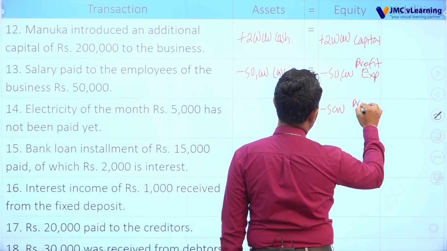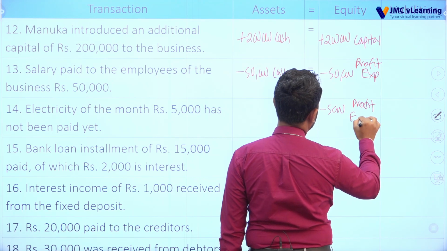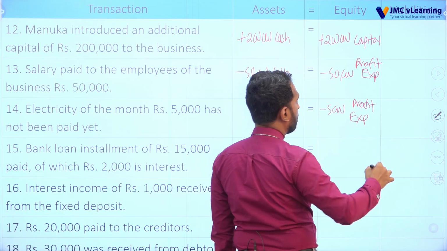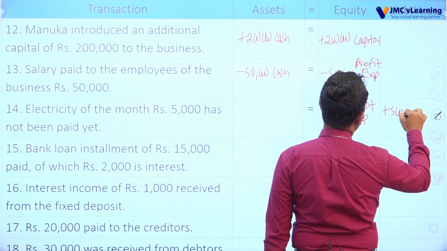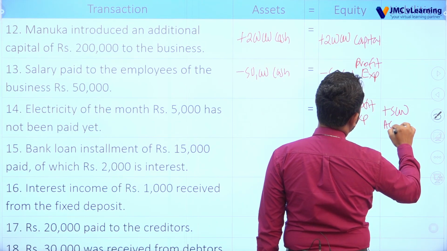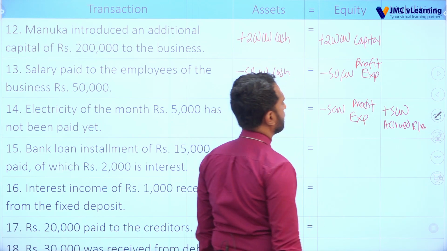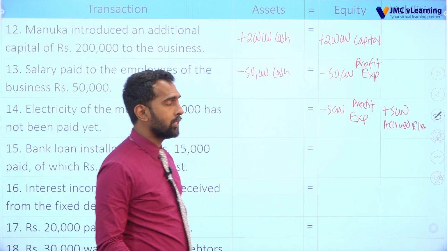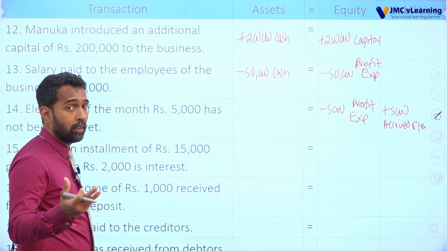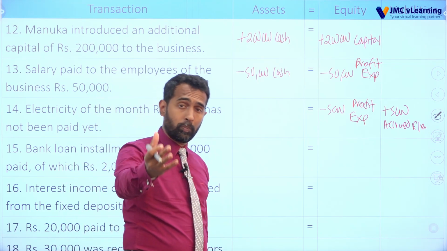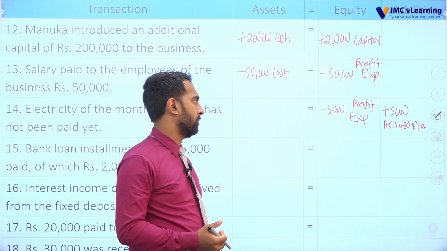So the profit will be reduced due to this electricity expense. It is something you are supposed to pay. So the accrued electricity, or in other words, electricity payable will increase. Accrued electricity or the electricity payable, which is a liability, right? You have consumed the electricity, now we are supposed to pay. So it's a liability, will increase.